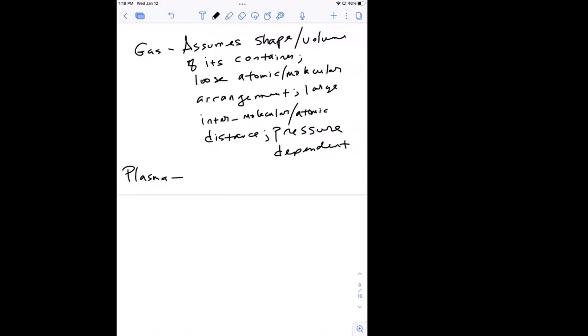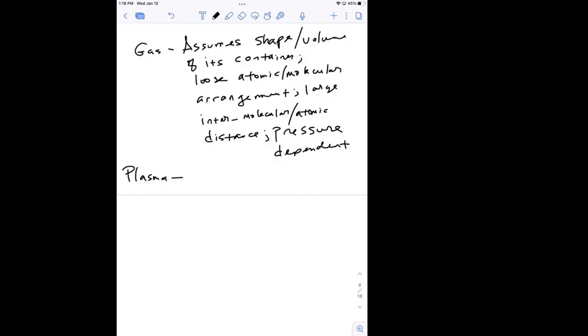Isn't plasma like gas, but superheated past the point of it? Okay, so it is hot. It's very hot. You can find plasma in stars. The sun has some of its composition as plasma.